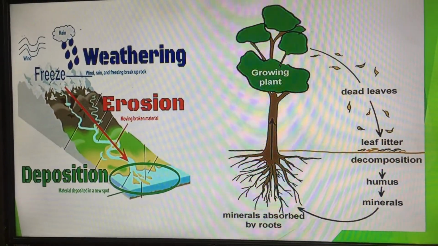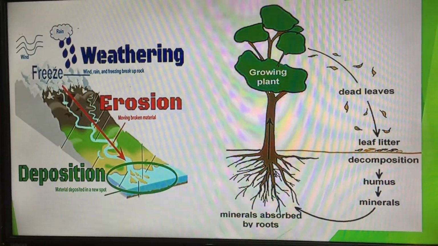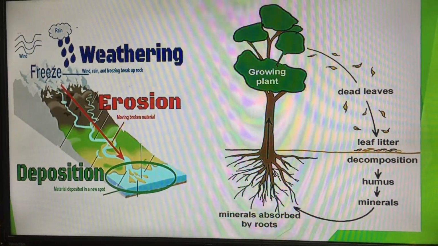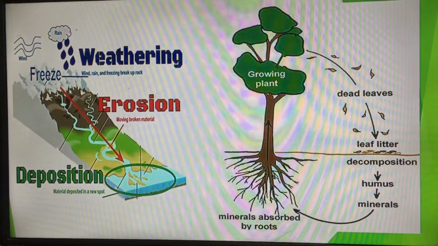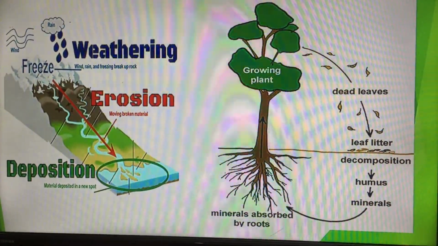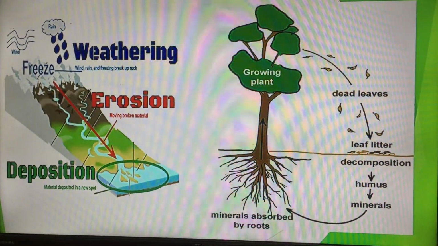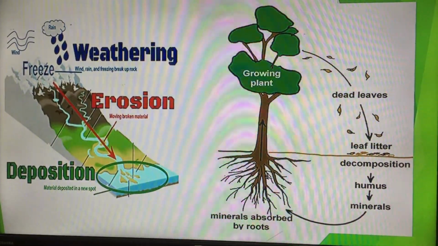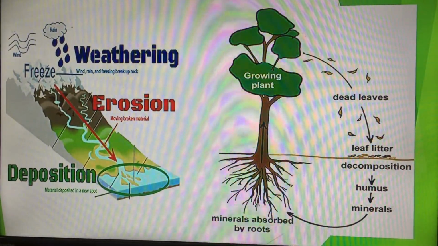The humus is the nutrients that plants need, and then the plants will use it to make their own food. So that will be the cycle.